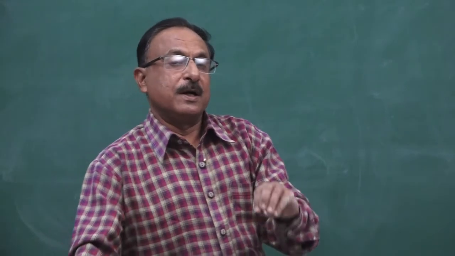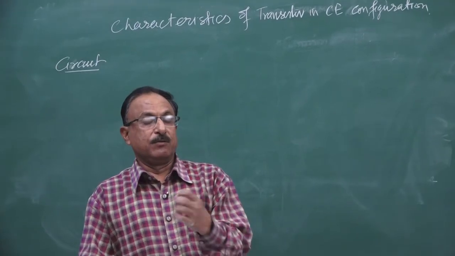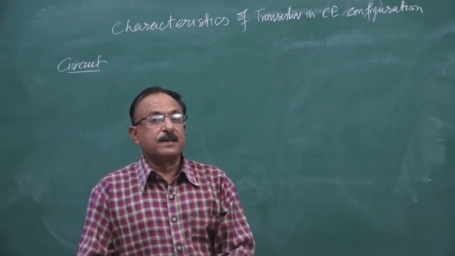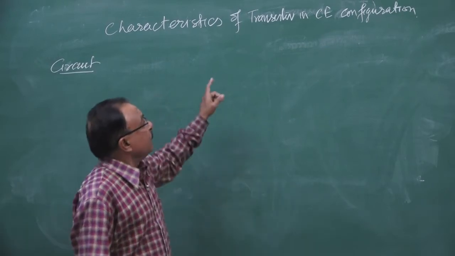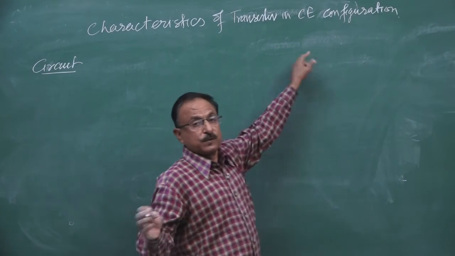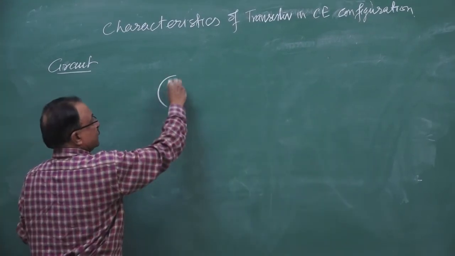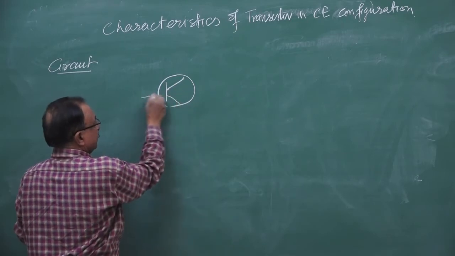But before drawing the characteristic, the graphical variation between current and voltage, we have to arrange the circuit. Let us take the common emitter configuration, which is the most useful circuit. First we make the transistor in common emitter configuration.